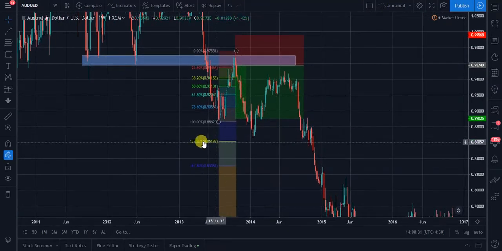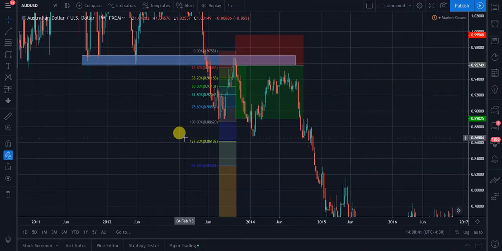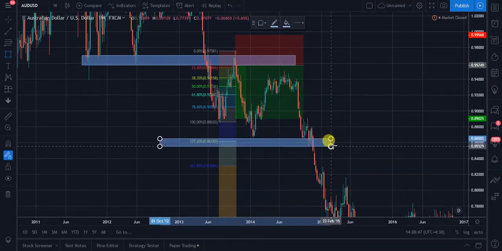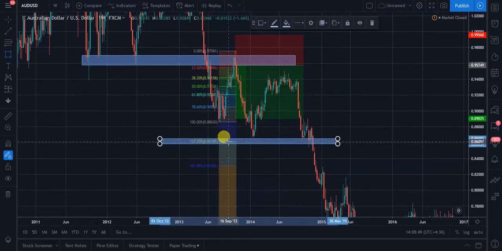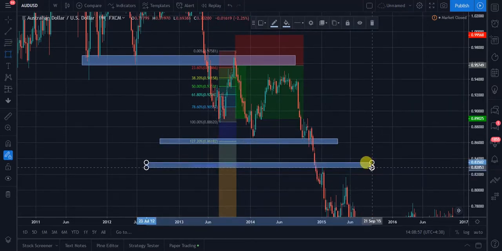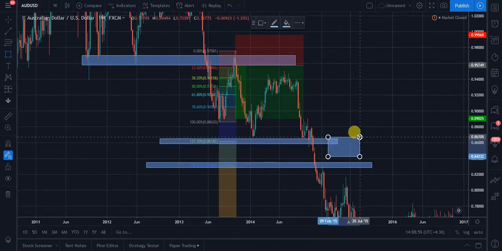This level is 127%, and the next level is 161%. These two levels are very common for profit targets. So this is our second target, and this one is your third target.